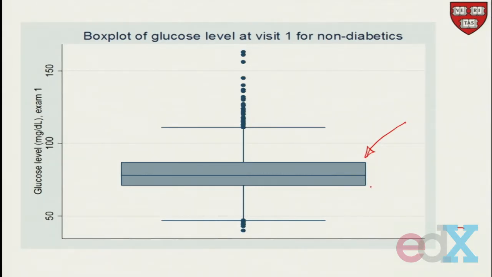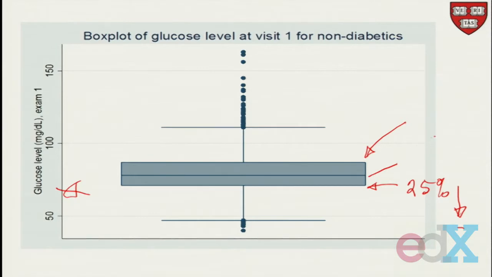Well, the bottom of the box is placed with this axis here, of course. The bottom of the box is placed so that 25% of the data lies below it. The middle line in the box is the middle of the data, where 50% of the data lies.